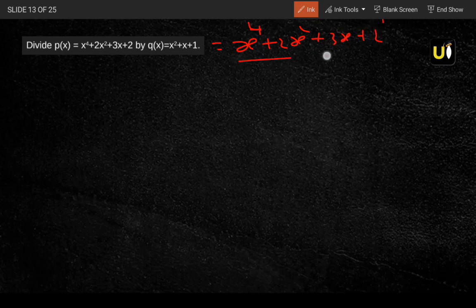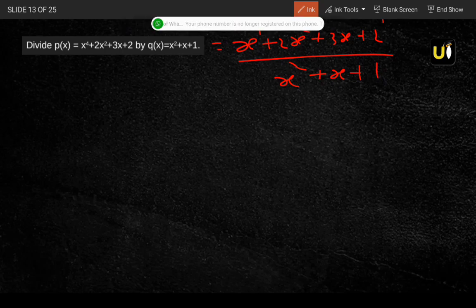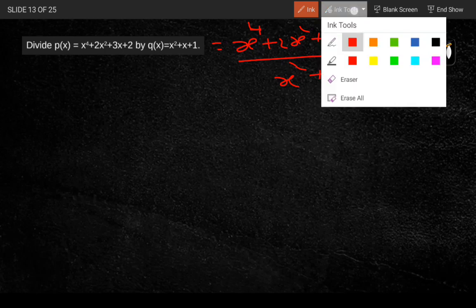The basic idea is to change the numerator in terms of the denominator. We have to make some modifications so that we can make the denominator a factor of the numerator. Let's see how to do this.